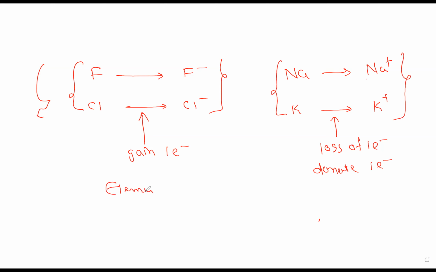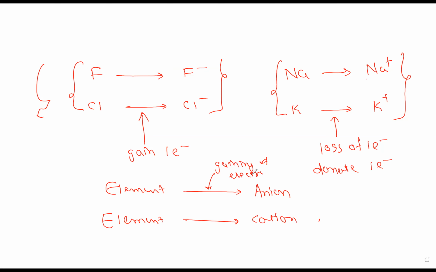So element to anion, which is a negative charge, and element to cation, which is a positive charge. And here what happened is gaining of electron, and in this case donating electron.